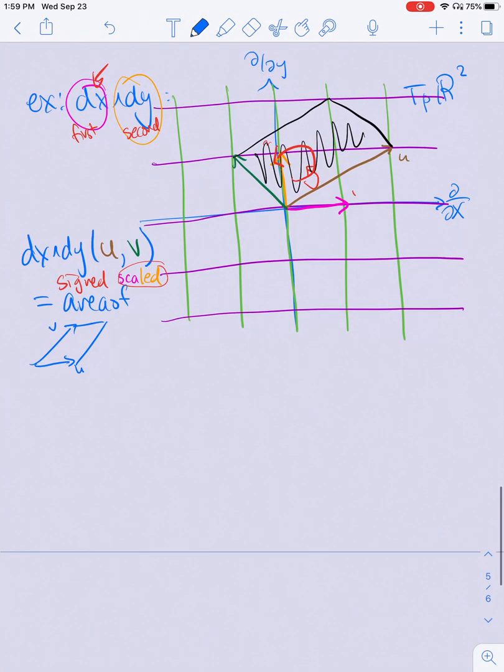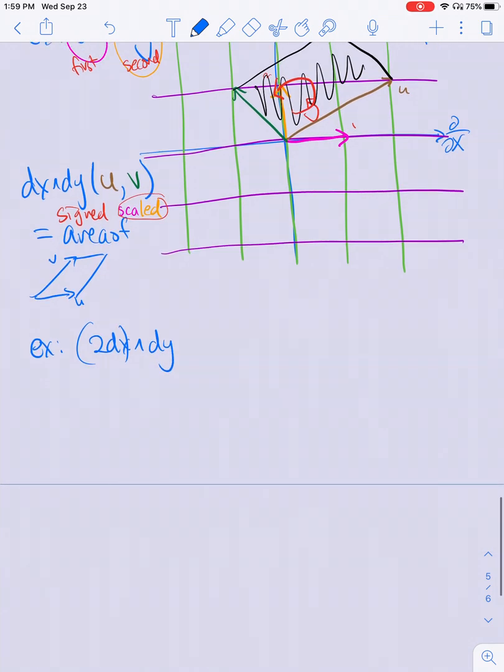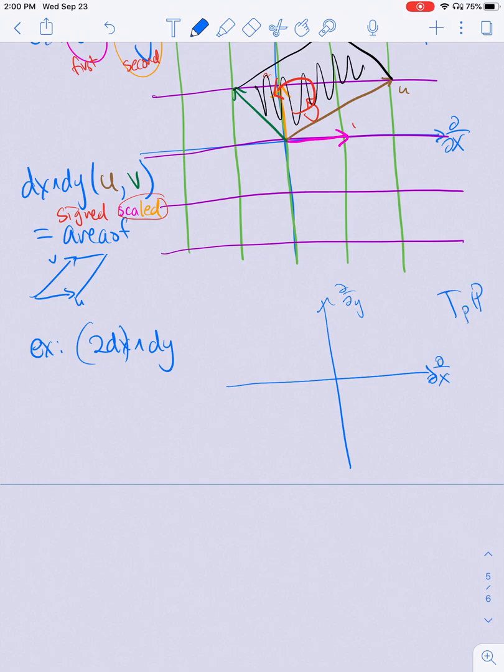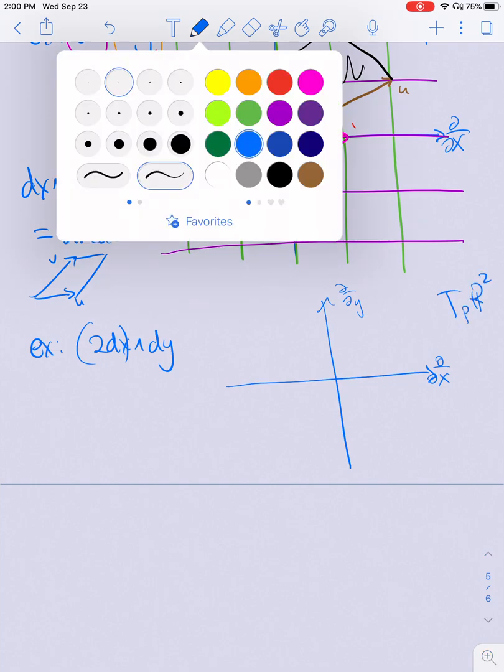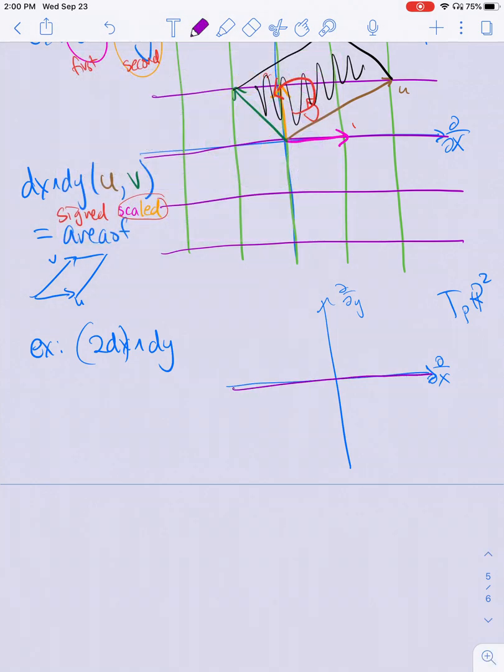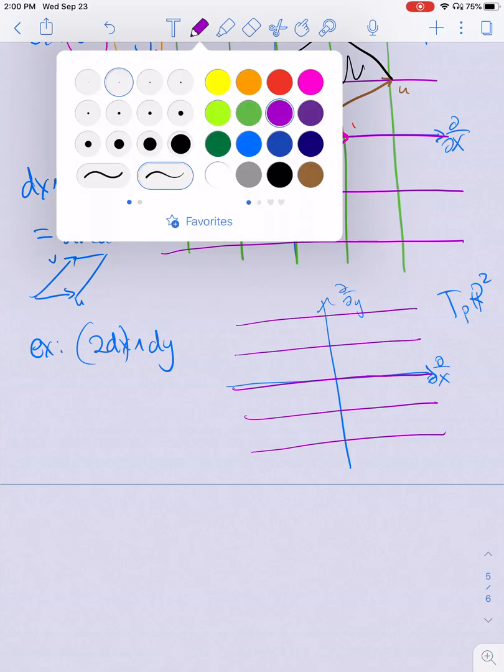So if I were to take the wedge product of 2 different forms, let's do 2 dx wedge dy, then this is again at a point in R2, and I'm drawing all the same level sets for the one form dy.